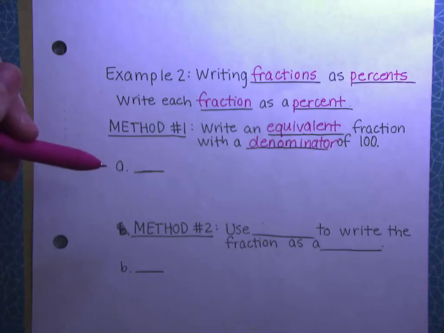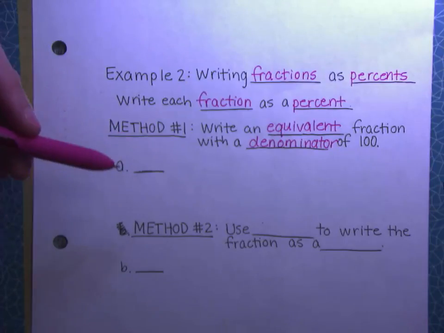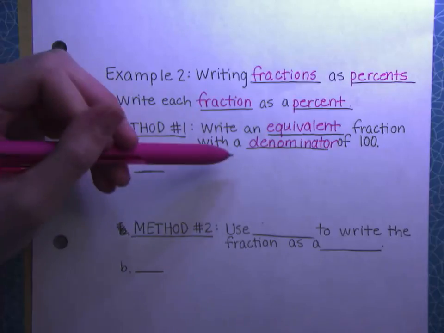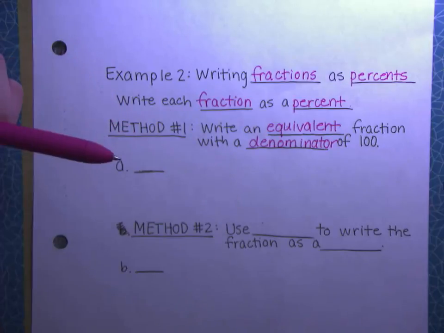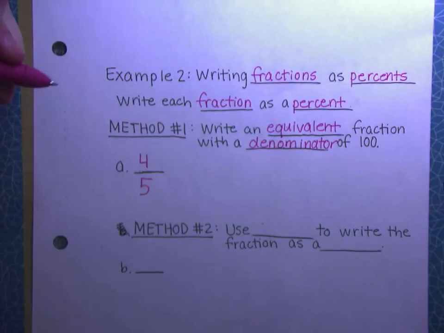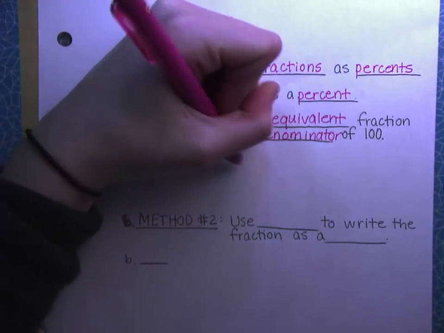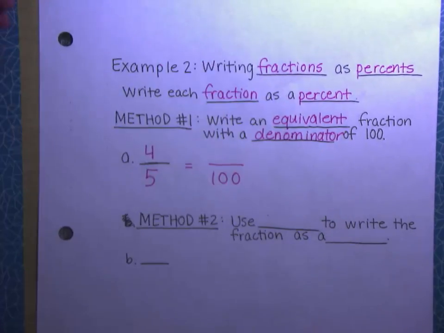That was one of the first steps that we took to write a decimal as a percent. We wrote it as a fraction, and then we wrote an equivalent fraction with a denominator of 100. Okay? So the first example is going to be 4/5. Okay? So I want to find an equivalent fraction with a denominator of 100.